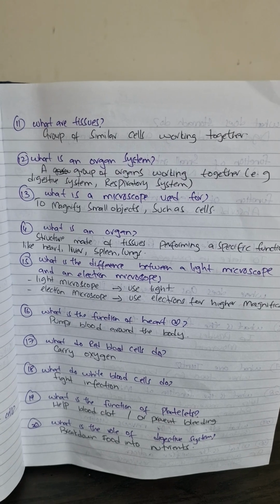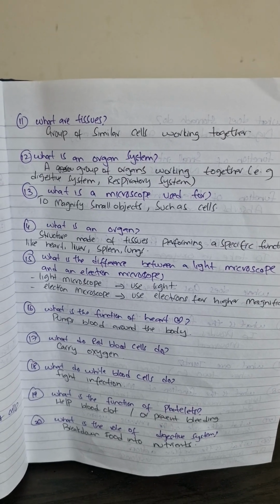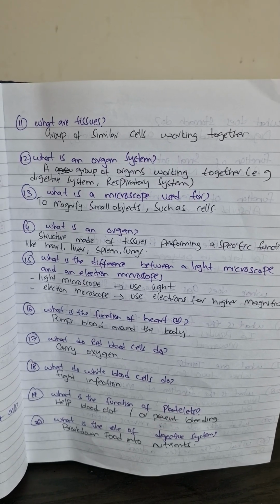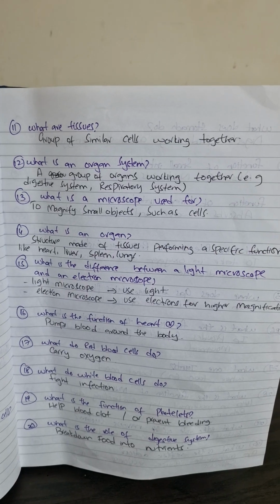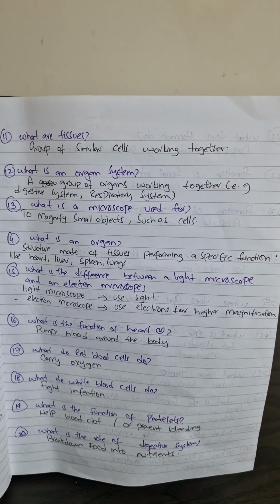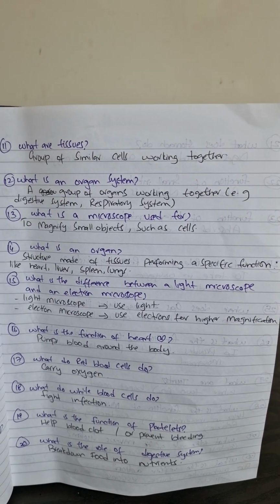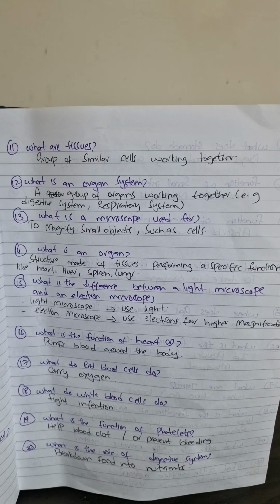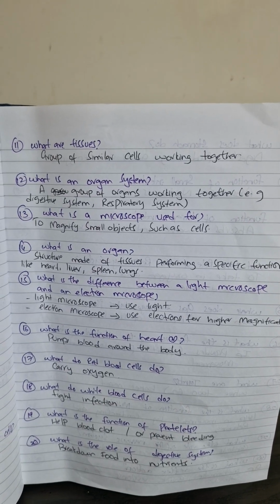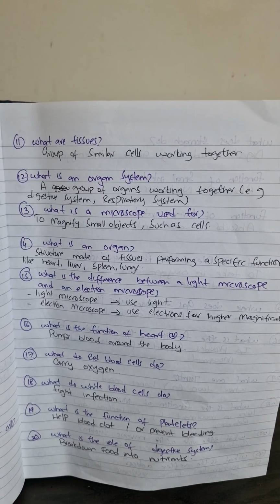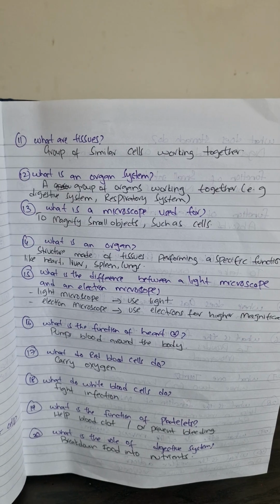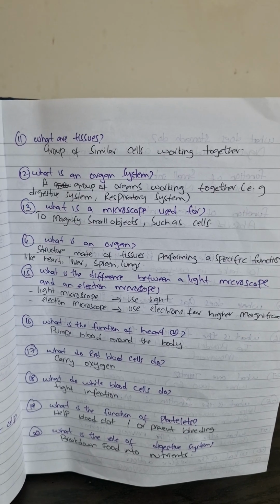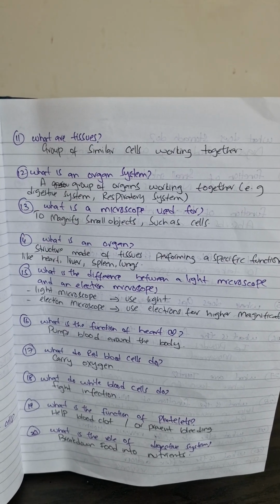The answer is a light microscope uses light and an electron microscope uses electrons for higher magnification. What is the function of the heart? Answer, it pumps blood around the body.